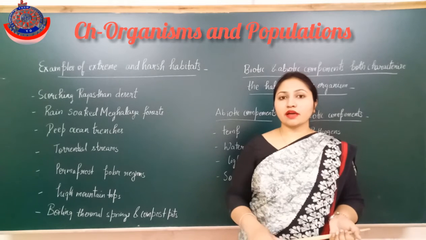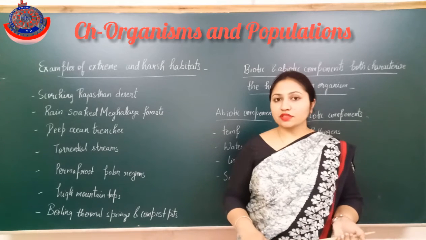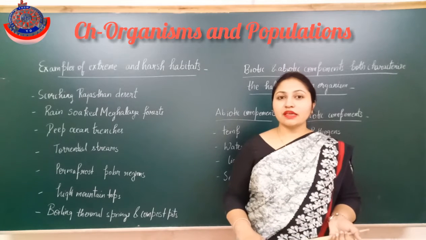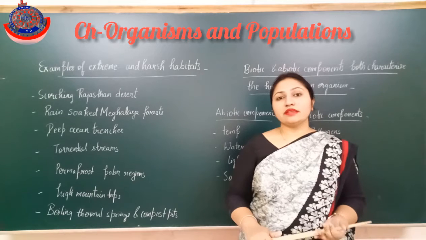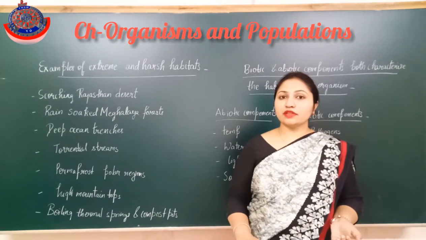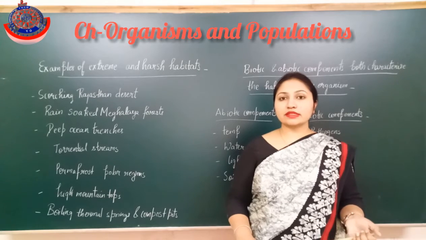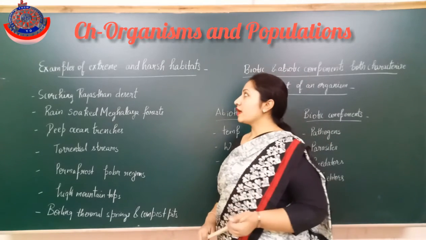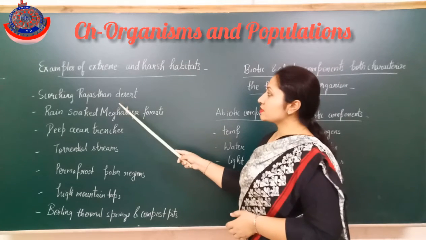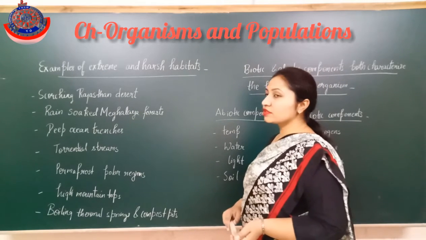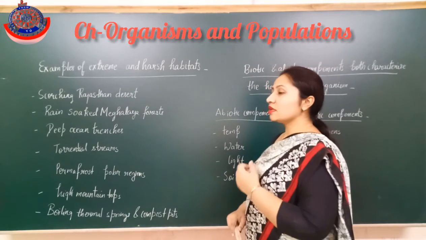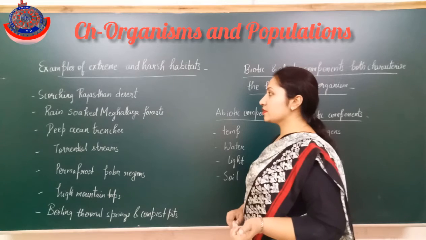Some habitats are present in favorable conditions but some are in very extreme and harsh conditions. Life exists not only in favorable conditions but also in harsh and extreme conditions. Like in the scorching Rajasthan desert, where the temperature is very high, but still life is present there.